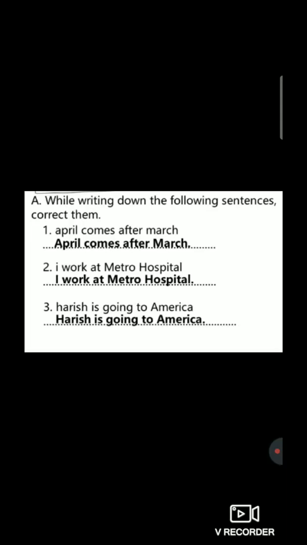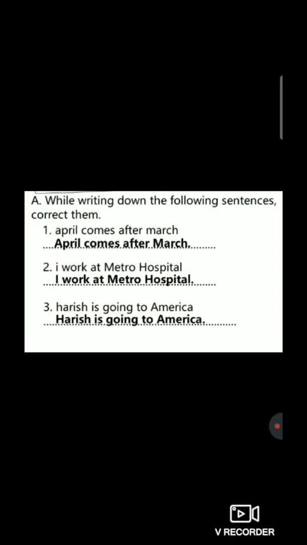The word March, if you see the first letter M, in the question it is written in a small letter. But while writing the answer, the alphabet M should be written in a capital letter. So here the answer is April comes after March. At the end of the sentence, we have to give a full stop.